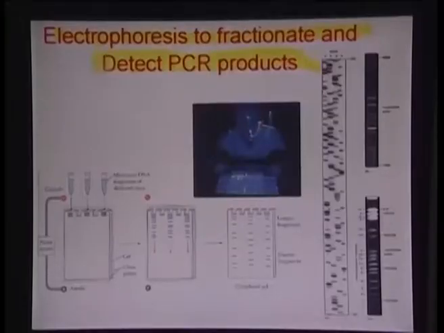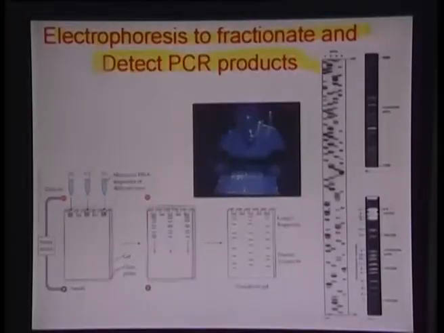So electrophoresis is essentially an additional detection step for confirming whether we are amplifying the region of the DNA which we are supposed to amplify by using the uniquely designed reverse and forward primer set in the PCR reaction.